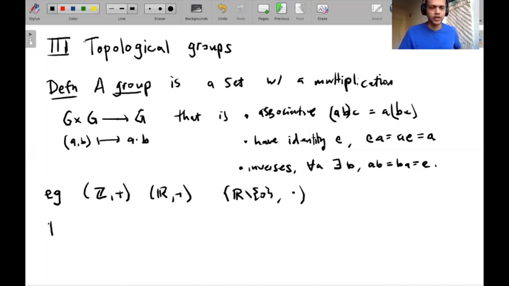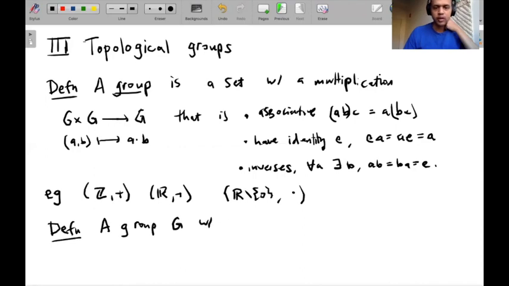Okay, so now topological groups. Of course, the thing we do in this course is take some object and put a topology on it, or consider objects that also have topologies. So a group with a topology is a topological group.